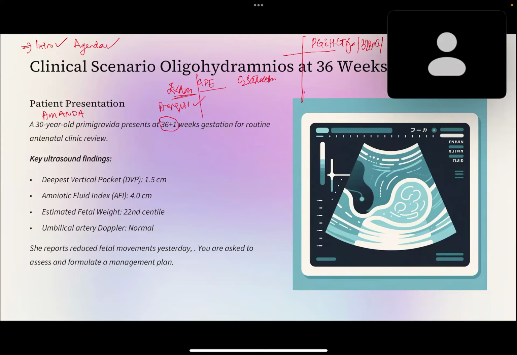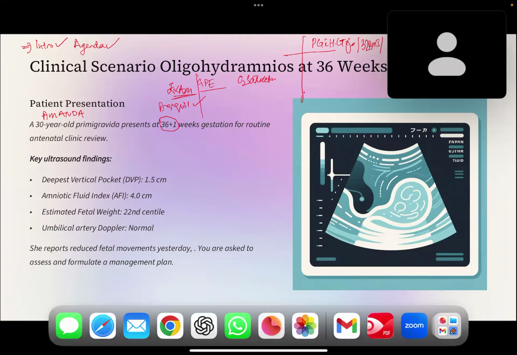Standing on the right side of the patient, I would want to look at the contour of the abdomen, particularly the symphysis fundal height, as my ultrasound finding shows they have AFI less and DVP less as well, although the size of the baby and the Doppler is normal.